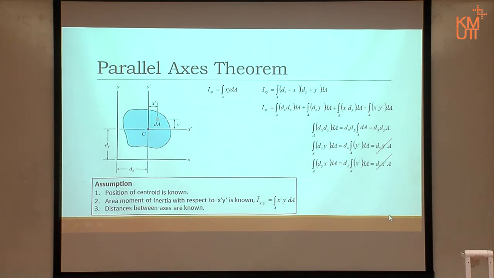That one also disappears. The last term is in fact that definition, right? Therefore, it is a term that we assume that we know. And then we have that form of parallel axis theorem for product of inertia.